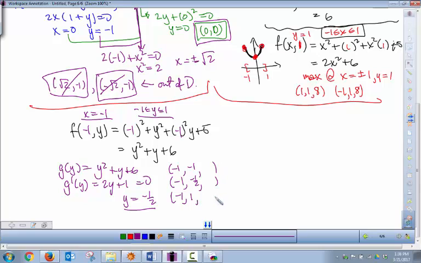So I need to figure out my z values. So if I have -1 in for x, -1 in for y, my z value is going to be, I think, 6.